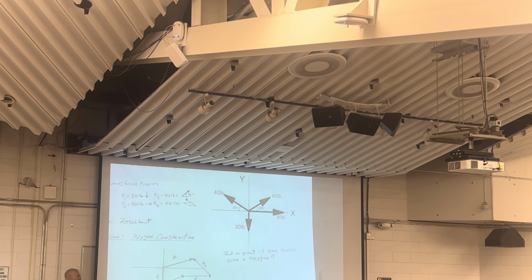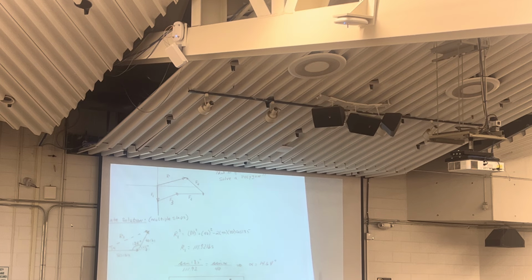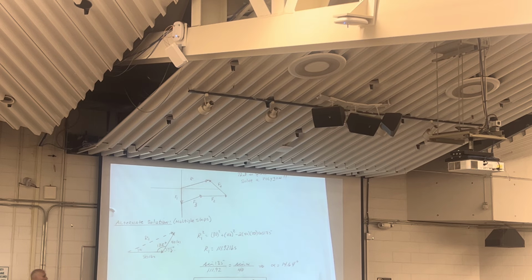R1 because this is not the true resultant of all four. It's only the resultant of the 80 plus the 40. So you can see what I'm doing. I'm breaking it up into pieces that form triangles. Why? Because I love triangles. I know triangles. I know the law of cosines. I know the law of sines, etc.